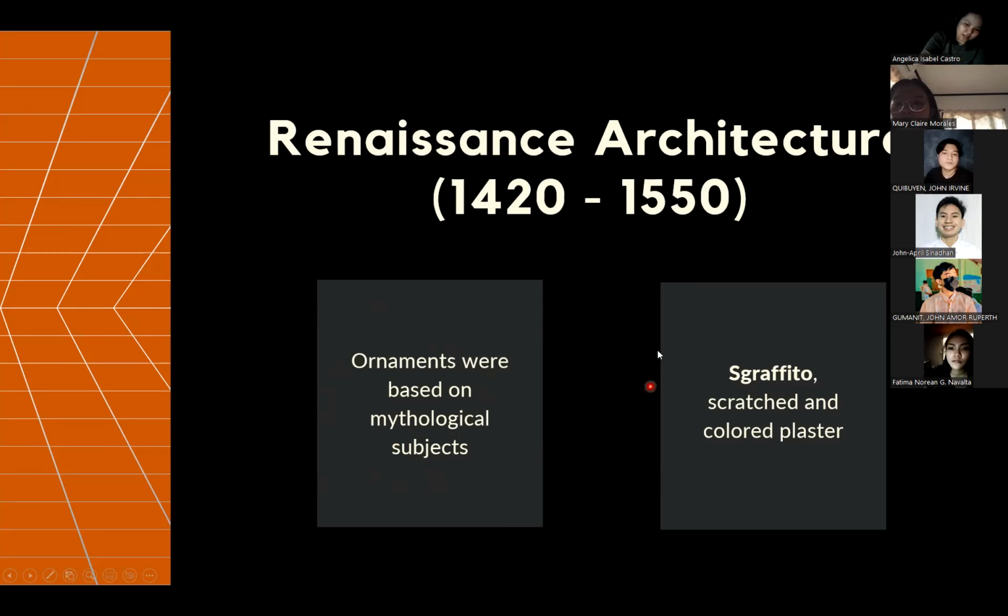And now they have developed a certain art called graffito. It's not as important as other historians say it is. Pero graffito is actually yung parang meron kang painted surface and then you overlap it with something else, like a layer of black paint or white paint, and then you scratch it to reveal the colors underneath.